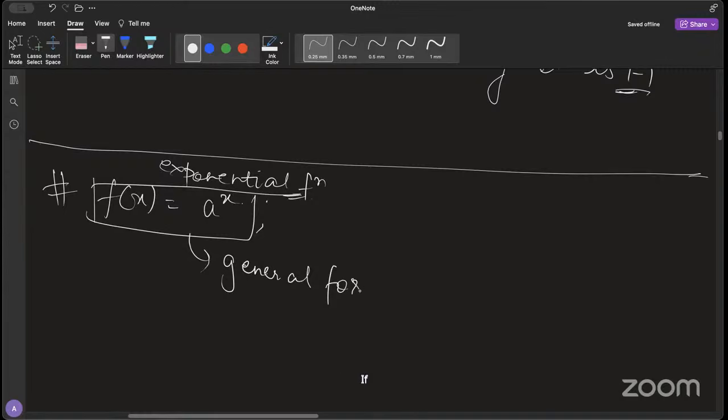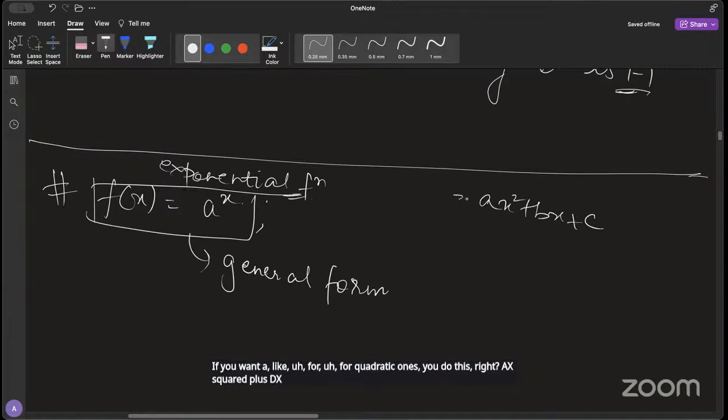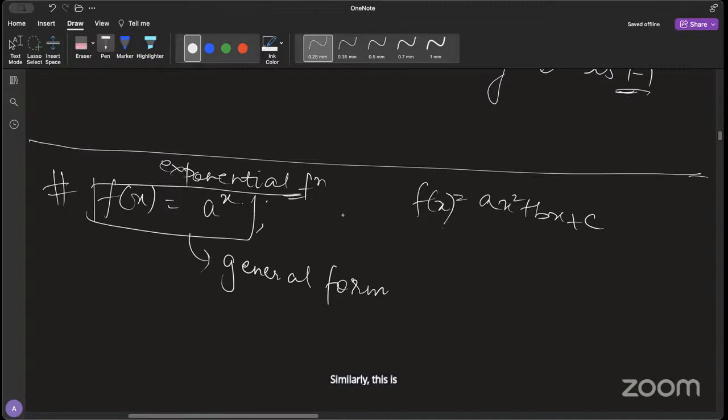For quadratic ones, you do this, right? ax squared plus bx plus c. This is the general form for quadratic functions. Similarly, this is the general form for exponential functions, where x varies and a is a constant. a belongs to R, is a constant.